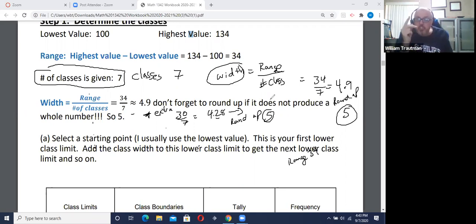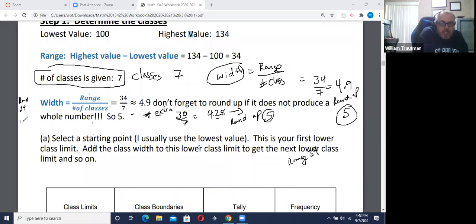So our range is 34. Our number of classes is 7, and our width is 5. So we need to write all this down. I'm going to put it over here on the side. So just so we remember, our range was 34.